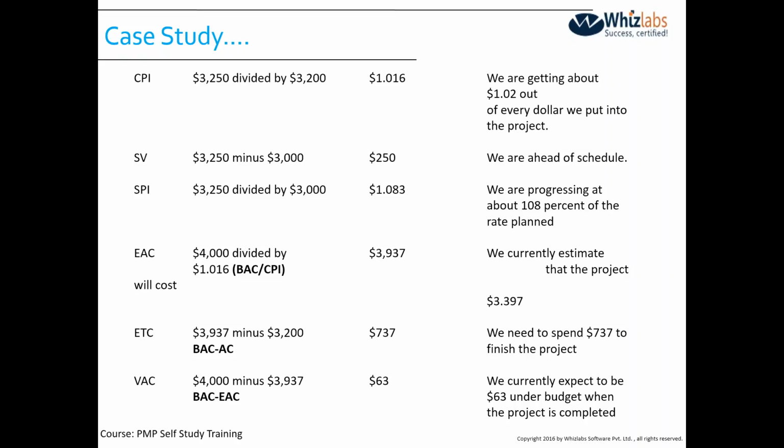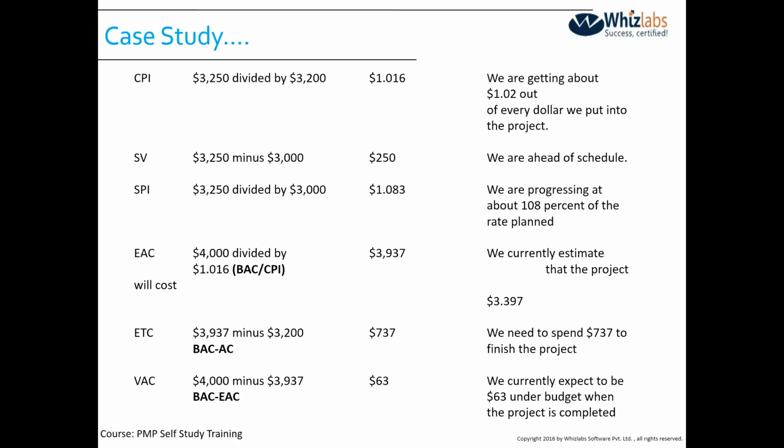What we are trying to figure out by CPI is, for every single dollar spent by the client, is he getting $1, or 95 cents, or $1.50? Let me first look at the formula. CPI is earned value, 3250, divided by my actual cost, 3200, and it gives me a result of 1.016. While talking about CV and SV, I said anything positive is good, anything negative is bad.